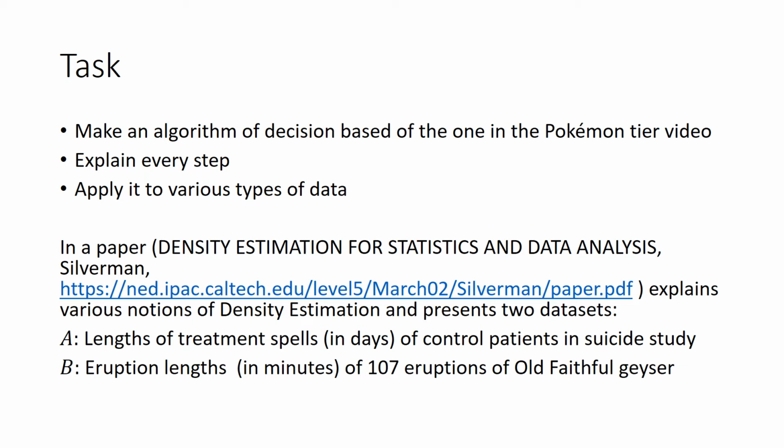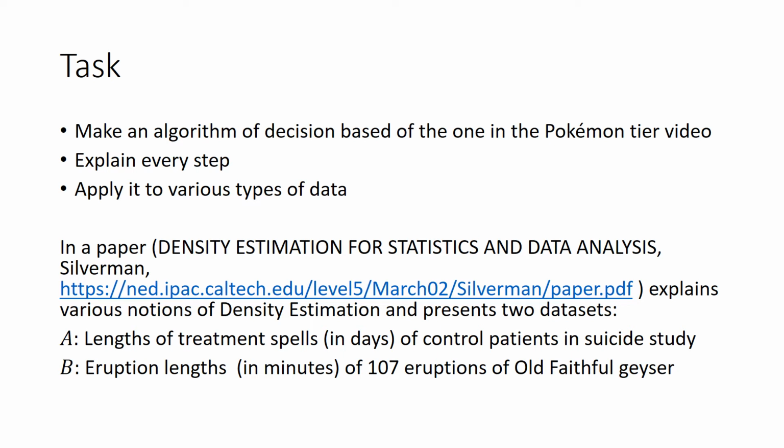When I did research for this video, I found a paper from Silverman who used two datasets. One dataset A, that is the length of treatment spells of control patients in suicide studies, and B, eruption length in minutes of 107 eruptions of Old Faithful geyser.